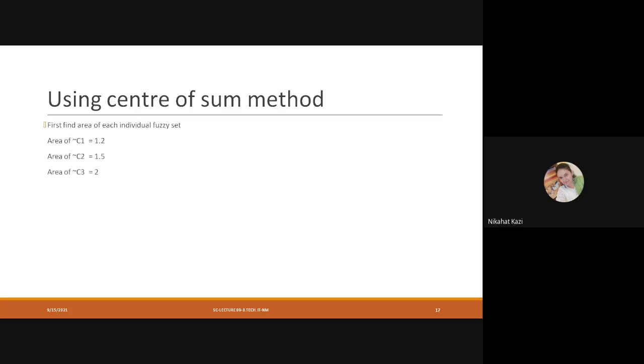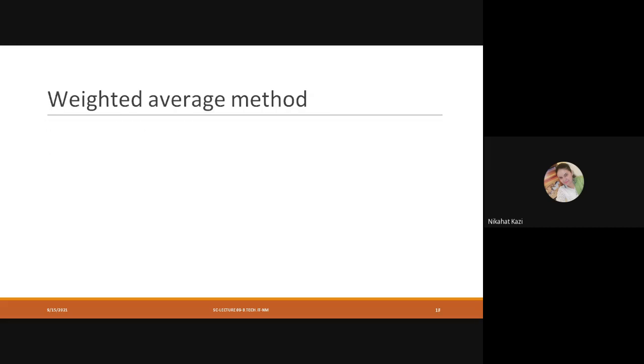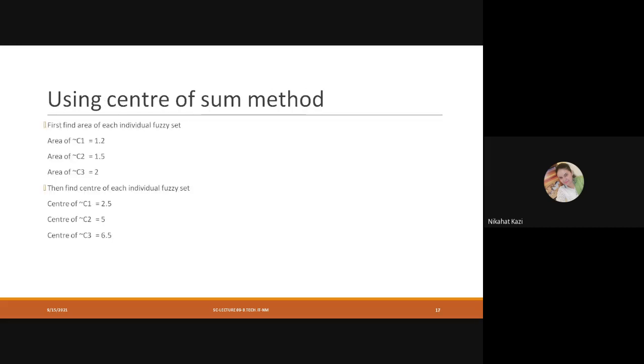Okay, so these are the areas. Then find the center of each individual fuzzy set. The center of C1, center of C2, center of C3. And then what will you do? Again, you have a numerator and a denominator. Each area you multiply with the center and sum it up.